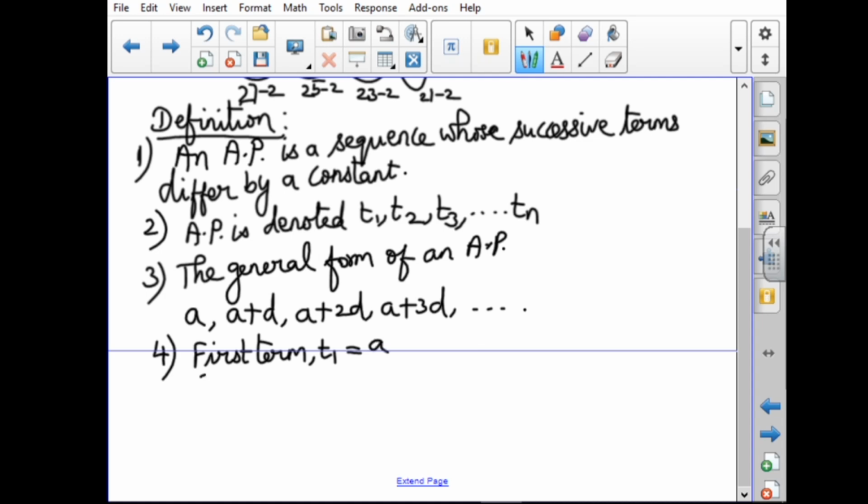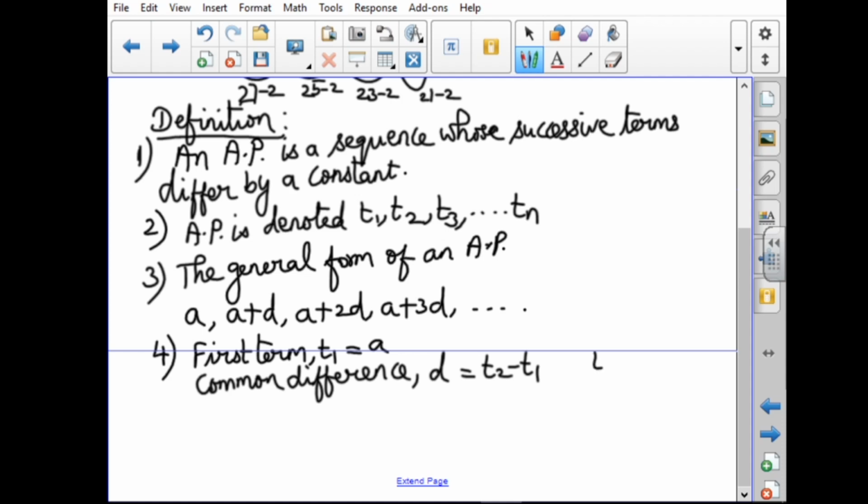Second one, common difference. The difference between the successive terms is constant, so the common difference is denoted by the symbol D. It is taken as T2 minus T1. The difference between successive terms is equal.